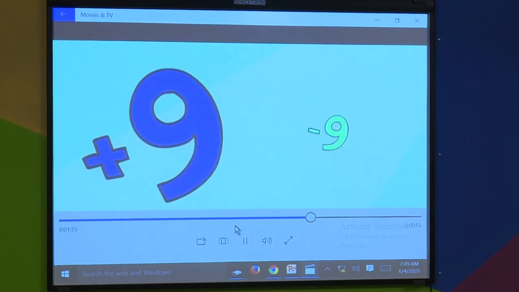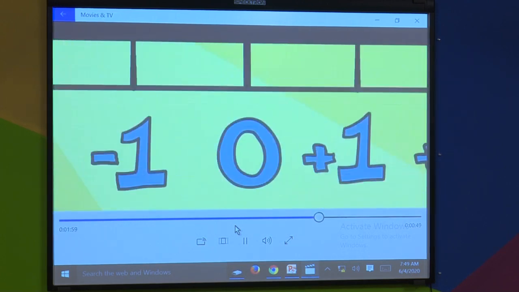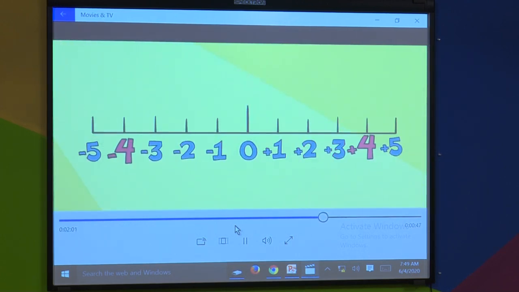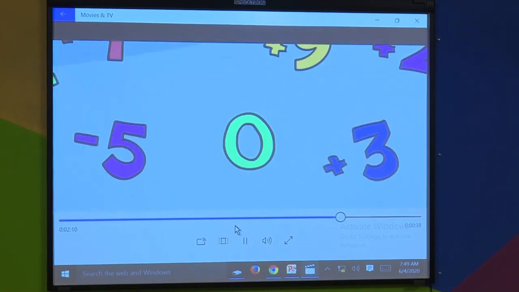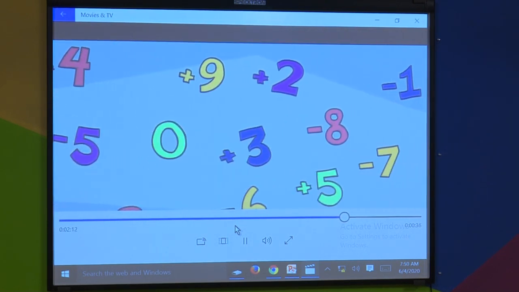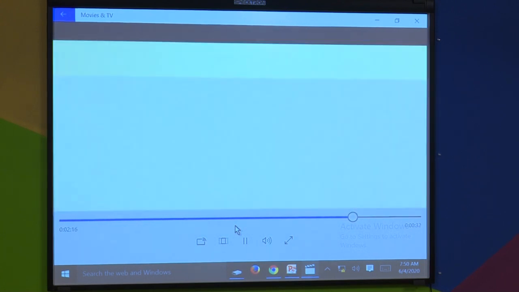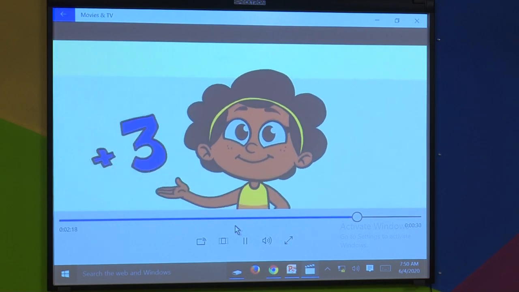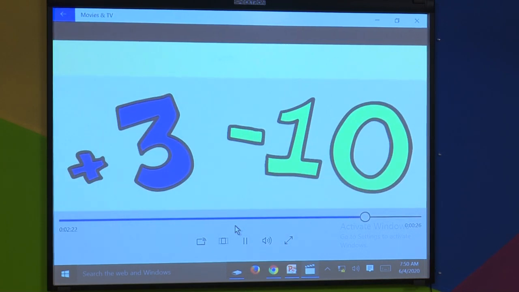For example, both 9 and -9 have an absolute value of just 9. It's how far from 0 a value is on the number line. So to find the absolute value, just take away the sign.